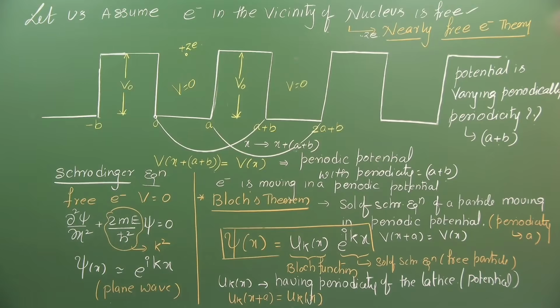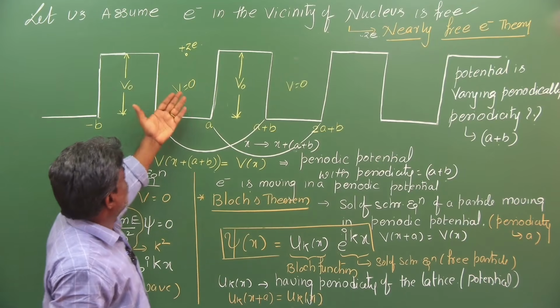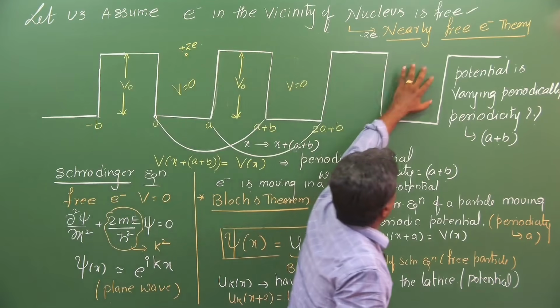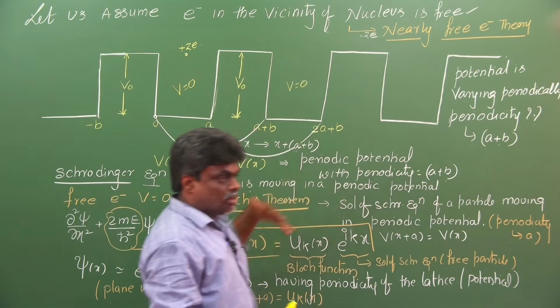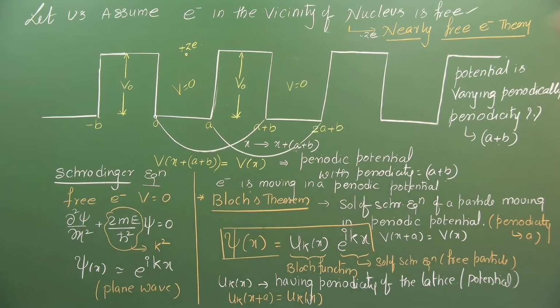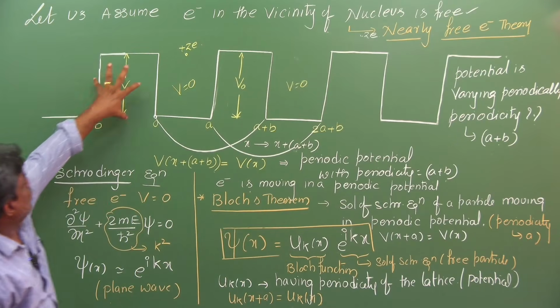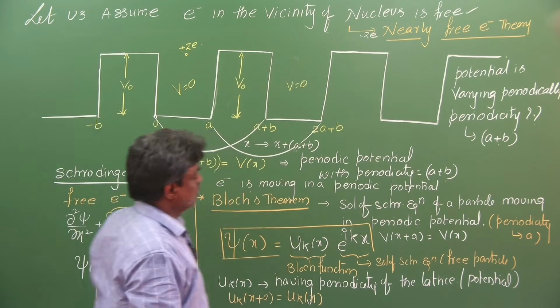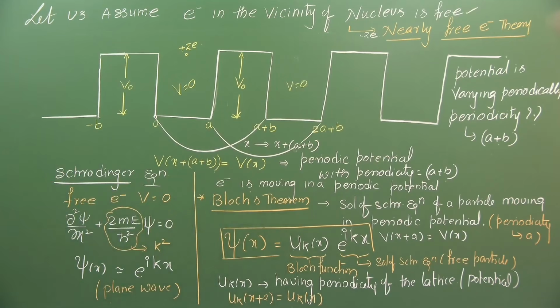We are searching for what theorem will explain the solution. If you know the solution here, I want to find the solution here, here, here, everywhere. But I can't solve it so many times. Similarly, if you know the solution here, you can get it here, you can get it here, like that. So what is Bloch's theorem?